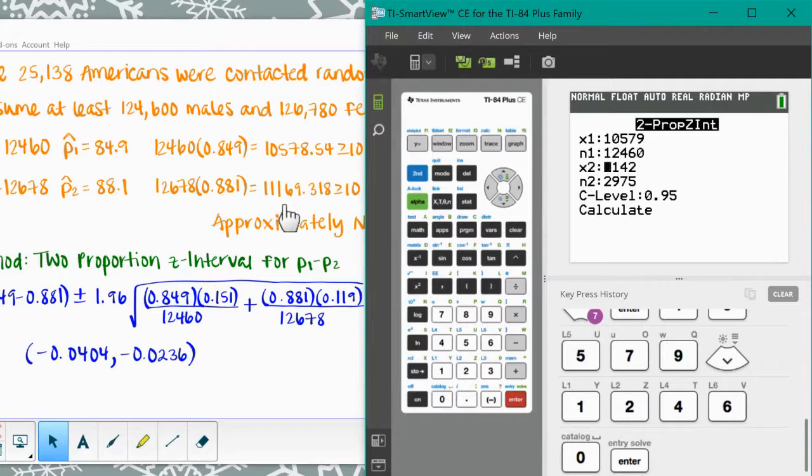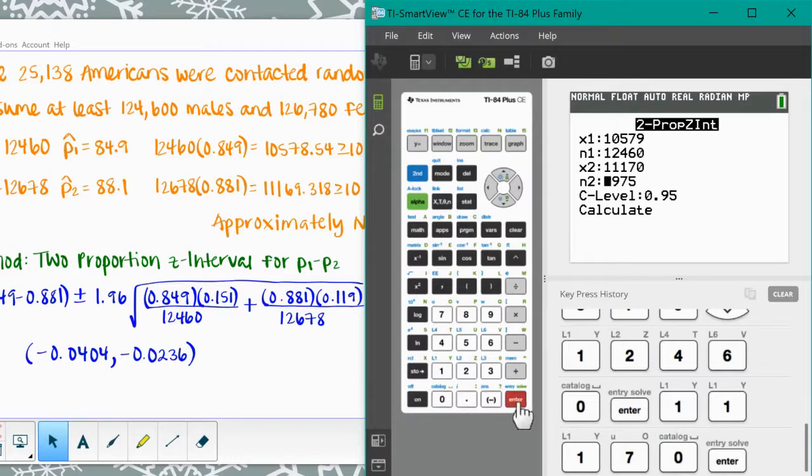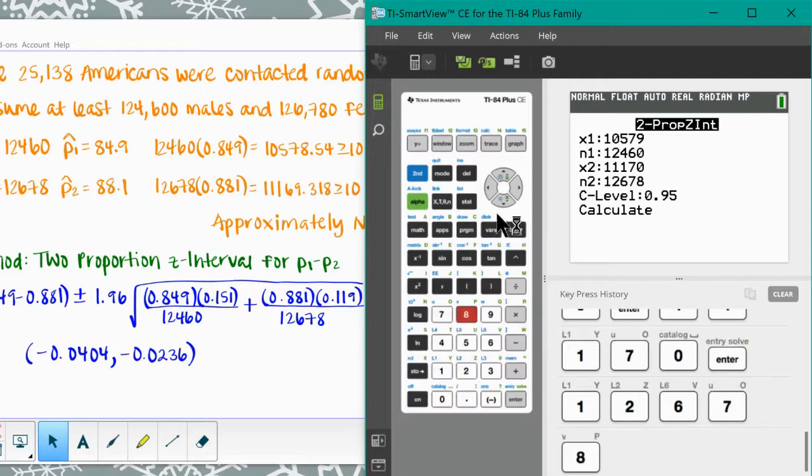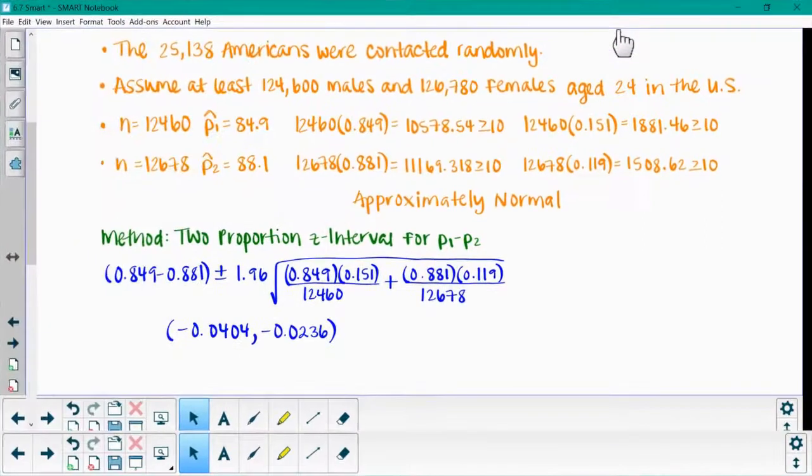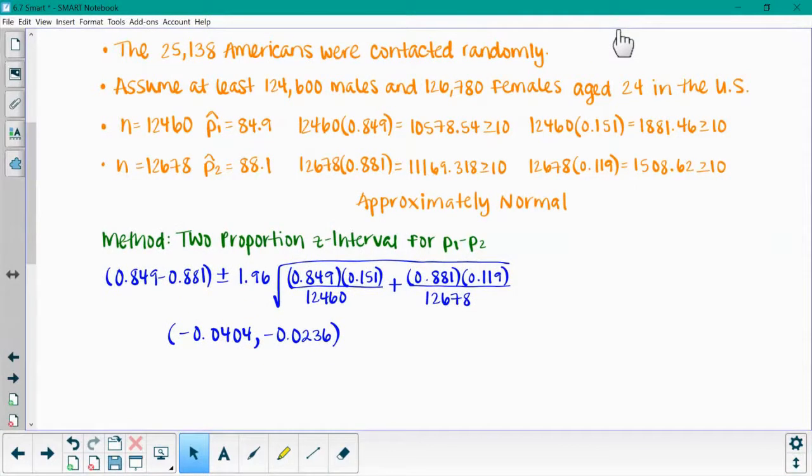I always suggest if you're dealing with samples, you always want to round up one. So I'm going to do 11,170. And my sample size was 12,678. Confidence level of 95. Calculate. And I get negative 0.0405 to negative 0.0236. Very similar to the confidence interval I have. I'm very accepting of that wiggle room just because I do have a rounded number of successes.